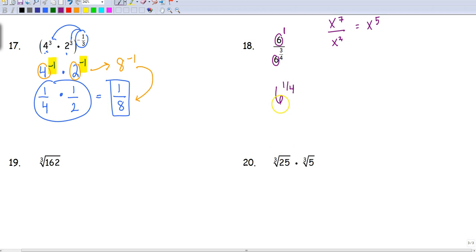Think to yourself, can you break down a 6 anymore? Like, is that a perfect square or anything like that? Well, no. Like, it's not 2 cubed or 2 squared or anything like that. So the 6 is fine. And now we'll just put it in radical form. Denominator becomes your index. Numerator is your exponent. So this is the 4th root of 6.